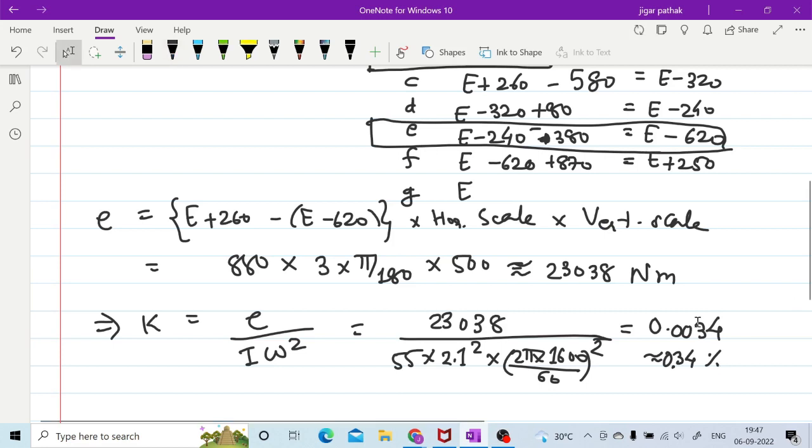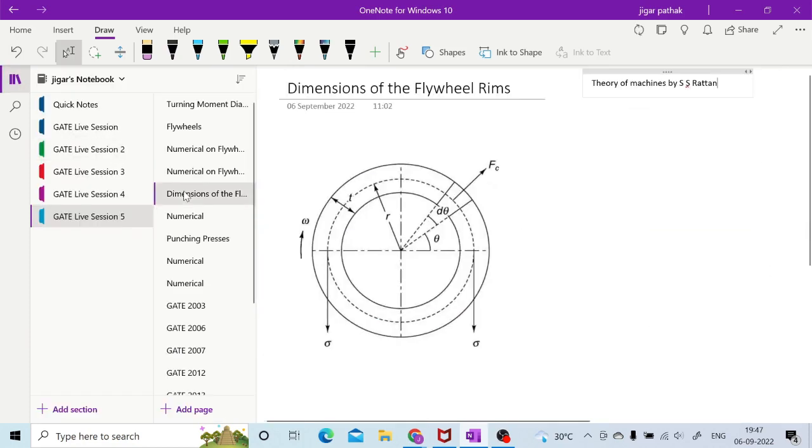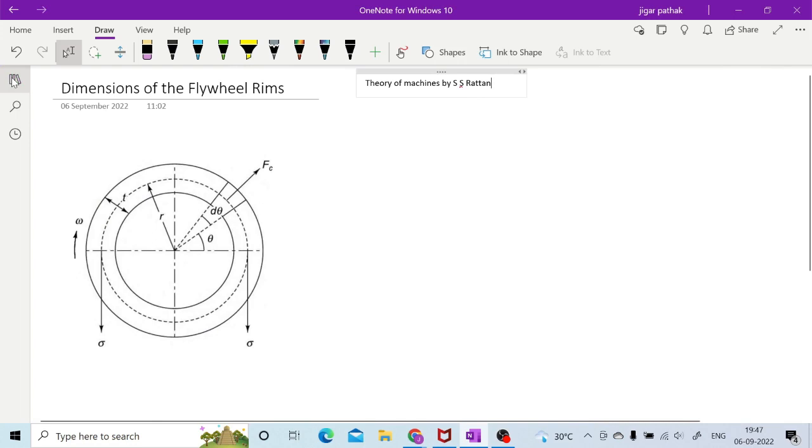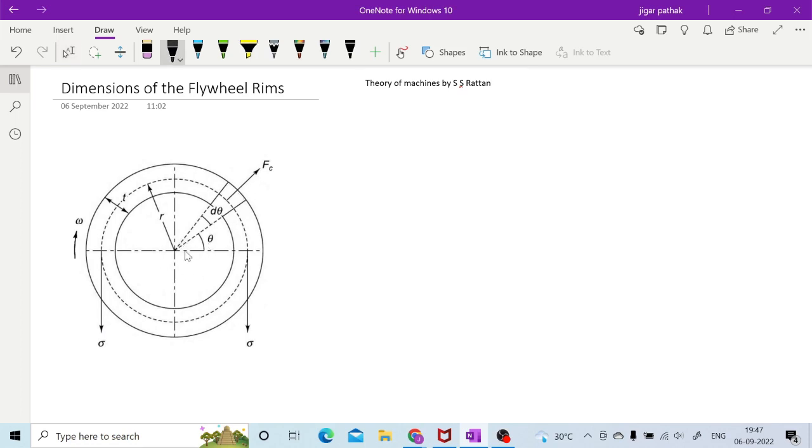Okay, okay. Now after this, one more thing is important in case of this flywheel, that is dimensions of this flywheel, right? So if you see this given figure here, this is a flywheel which is having centrifugal force acting on it, as mentioned for a particular area of the d theta. If you take that element, then the centrifugal force acting on this can be given as this mass is rho into volume.